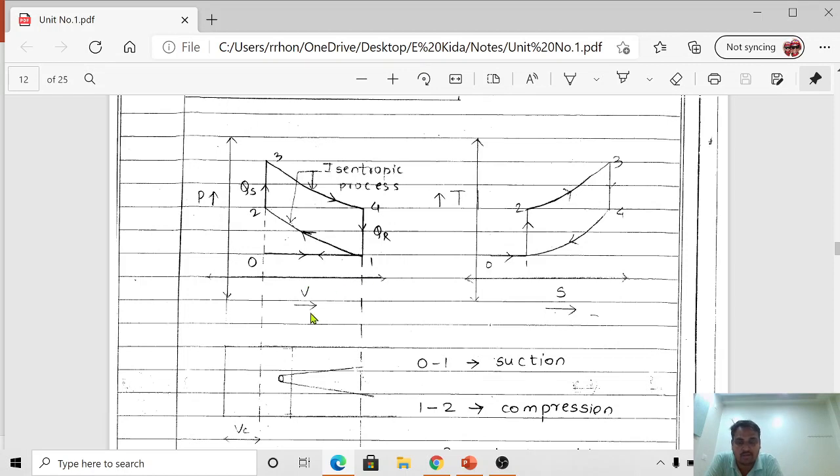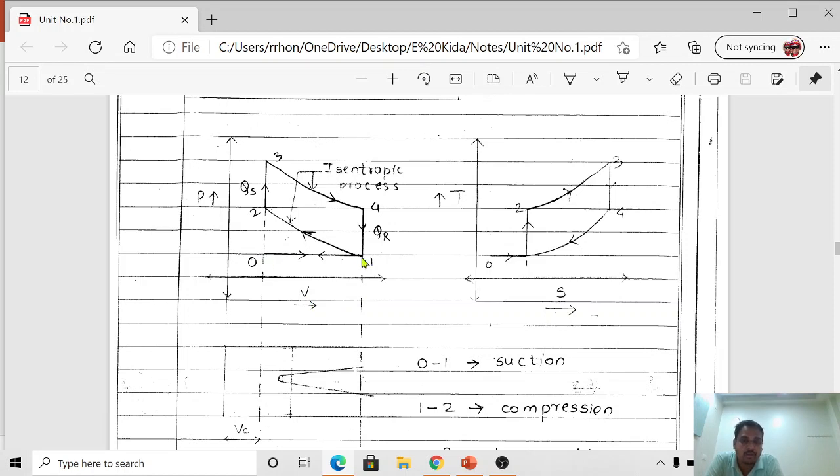My dear friends, as the air and fuel mixture comes inside the engine cylinder and the piston moves from top dead center to bottom dead center, its volume ultimately increases, but its pressure remains constant.